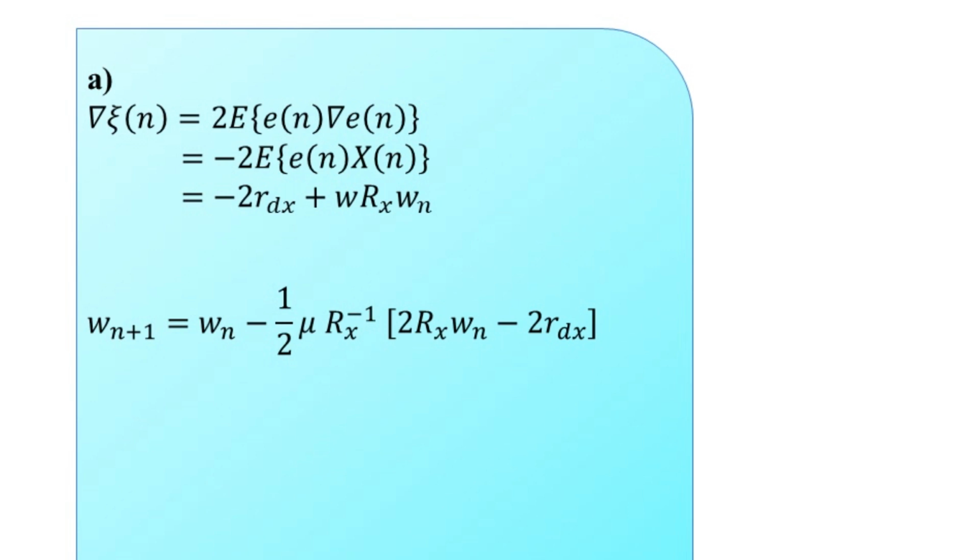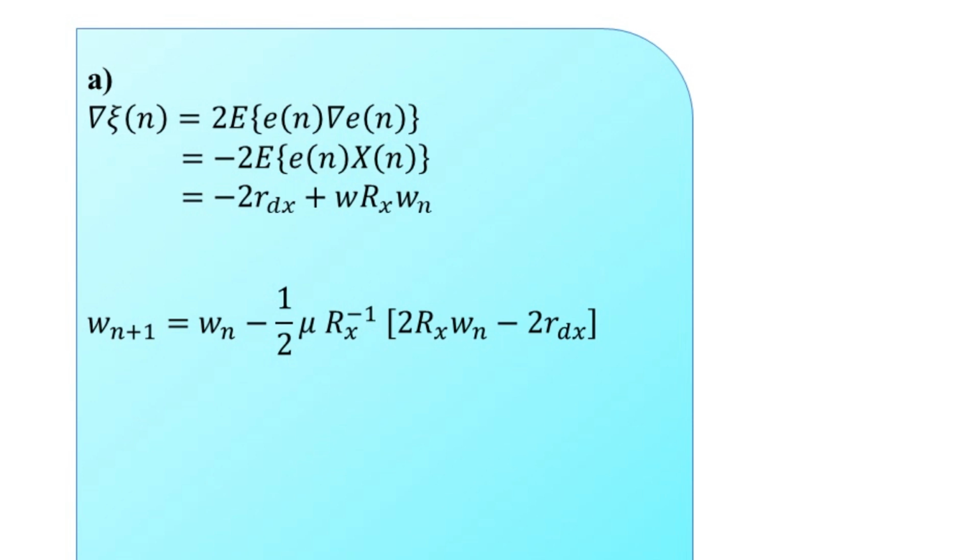In place of this gradient, from the above representation, we replace twice capital R suffix x into Wn minus twice R suffix dx here. So whatever we have determined to be the gradient of the mean square error, that we have substituted into the update equation, that is making use of the step size parameter denoted by mu here.